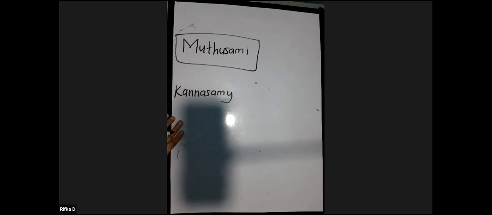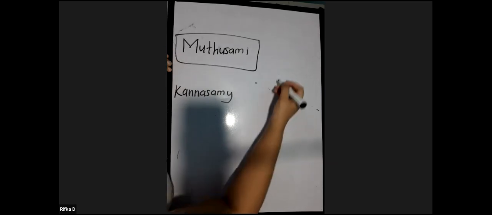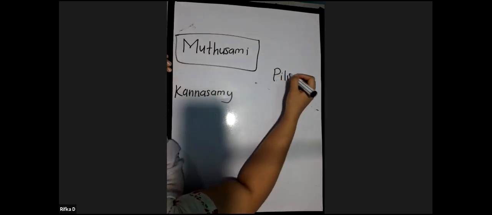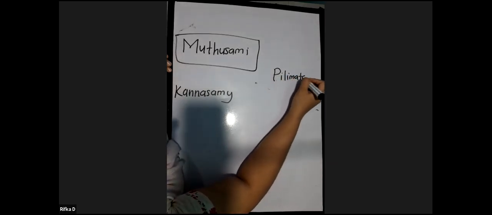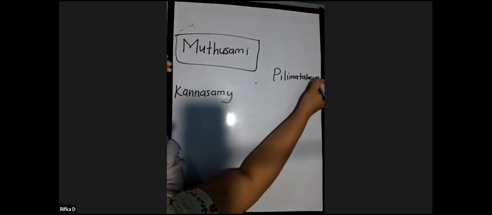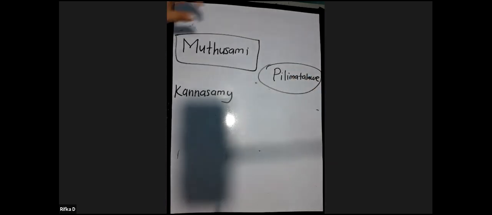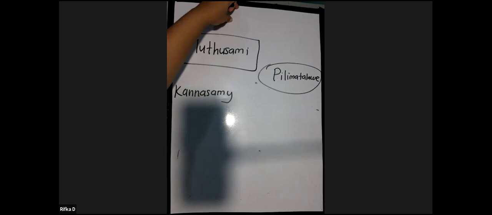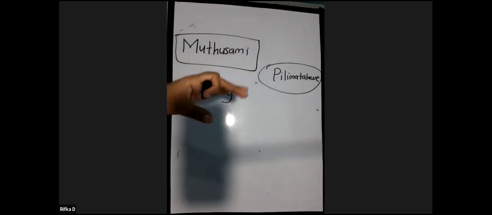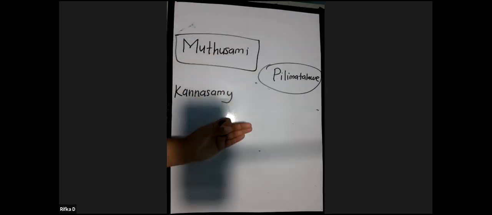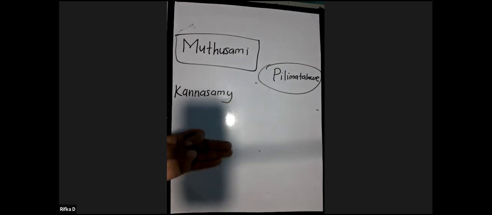So it is said, children, Kannasamy is also a Nayaka ruler. At the time, there was a Mahadikaram named Pilimathalave. I told you that during the ruling period of Rajadi Rajasingha, the chieftains became more powerful.